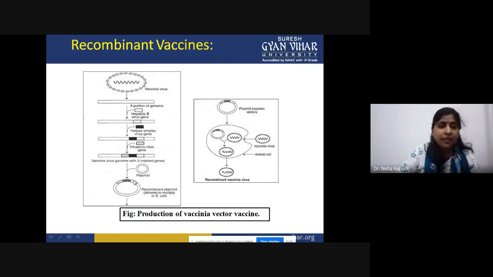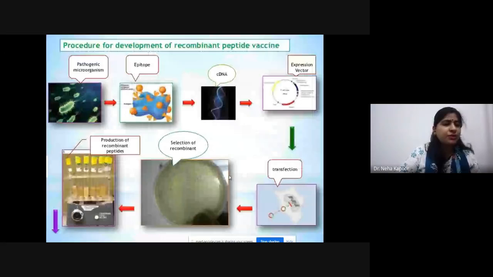Then the recombinant plasmid was made. The recombinant plasmid carrying these 3 genes was allowed to multiply in E. coli cells so that the selection can be done. After insertion, when it was multiplied inside the animal cell, the recombinant vaccinia virus was extracted. This is the procedure.